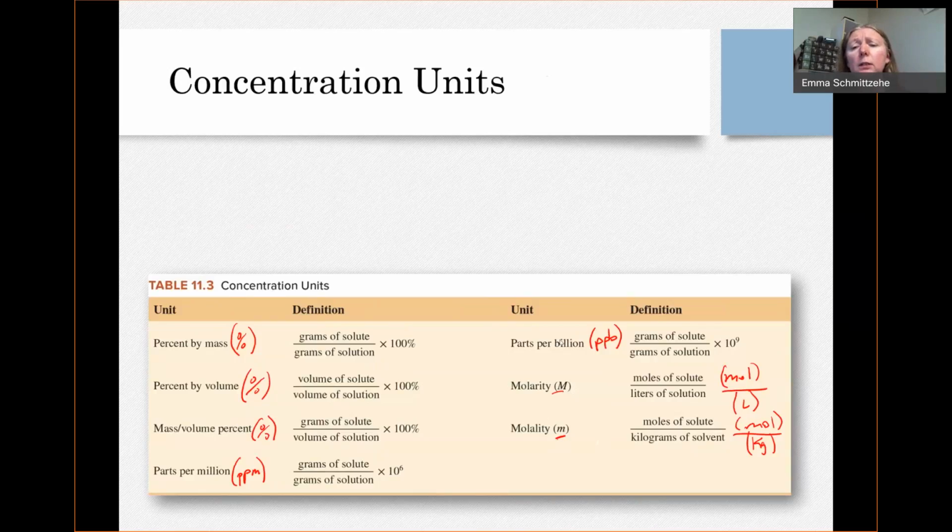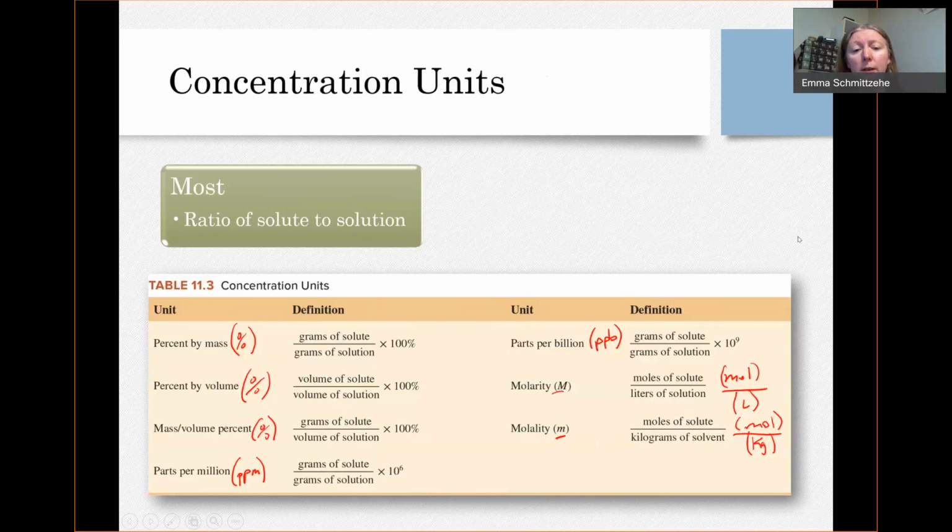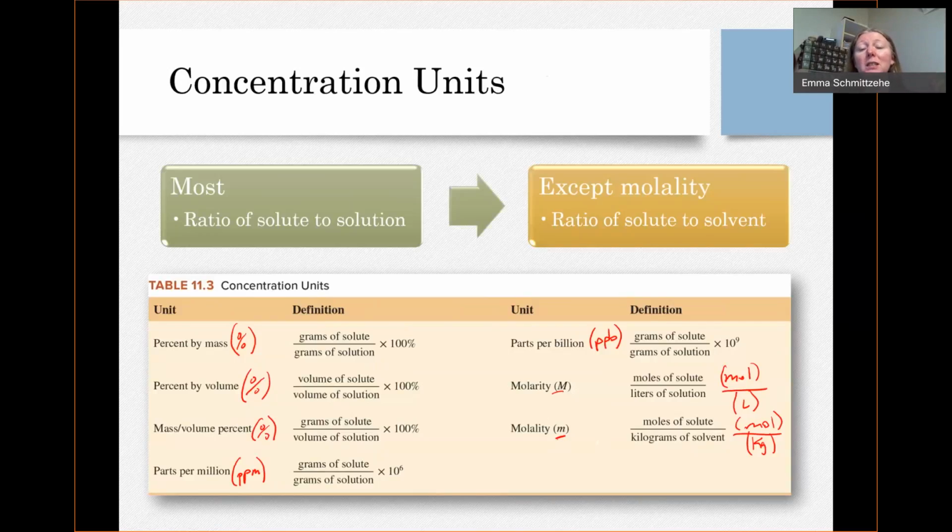Now, what you need to be careful with and notice here is most of them are a ratio of solute per solution. So the top number is how much solute you have, and the bottom number is how much total you have, the solution. But the one exception is molality. So be very careful with that.